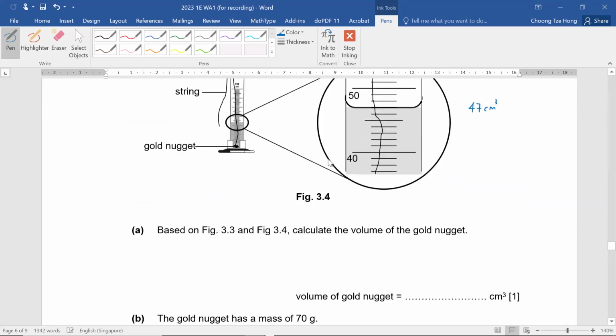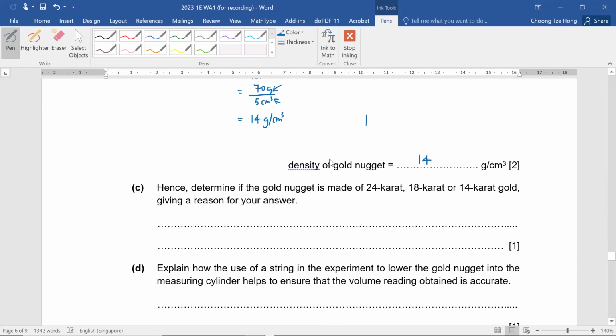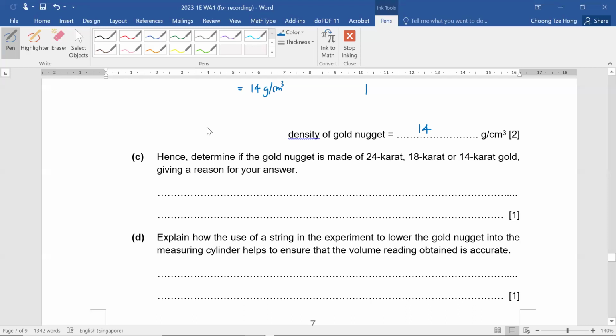So let's write down our answer. The gold nugget is made of 14 karat gold. Why?